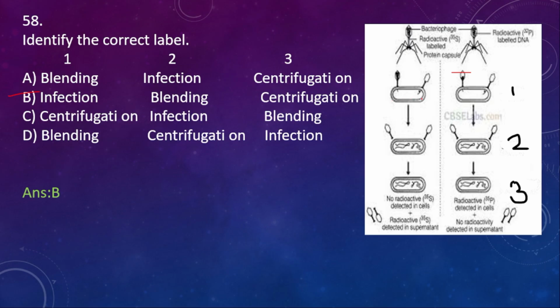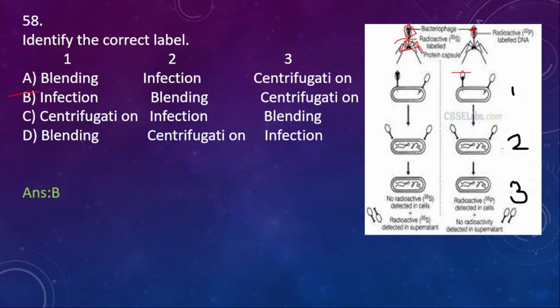This bacteria is E. coli. Here radioactive S35 is labeled, which means only the protein is radiolabeled. Radioactive P32 means DNA is labeled, so the DNA is radioactive.